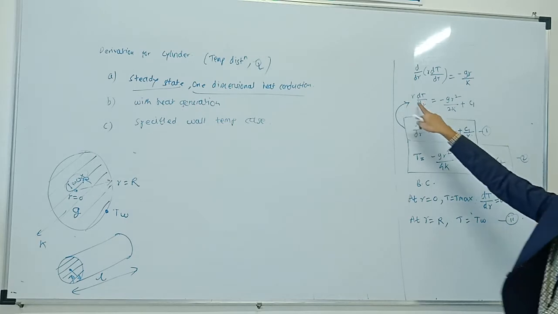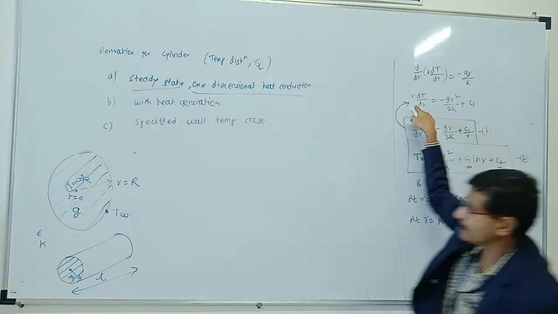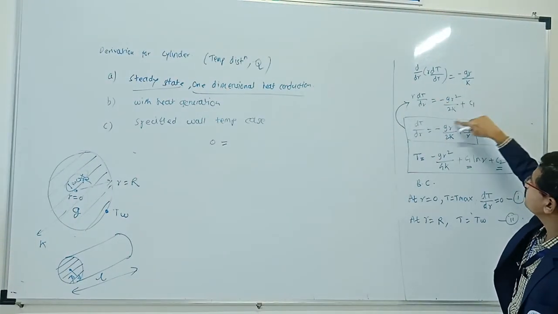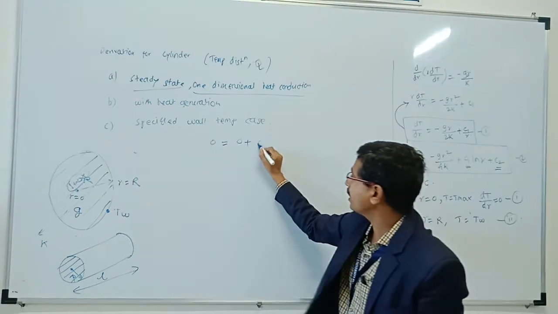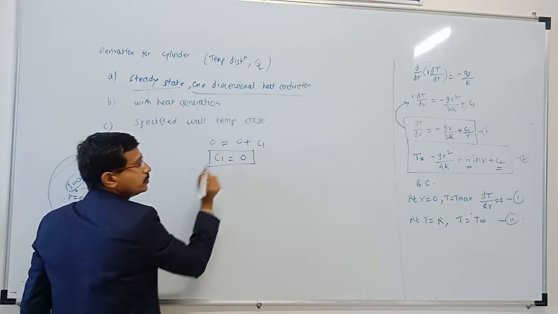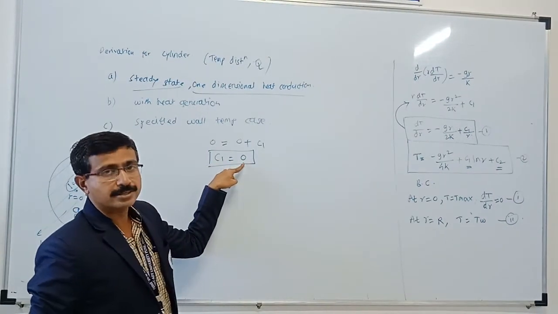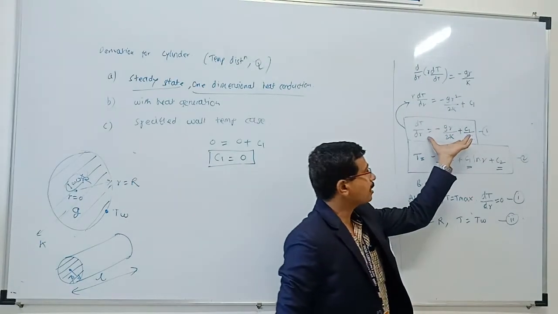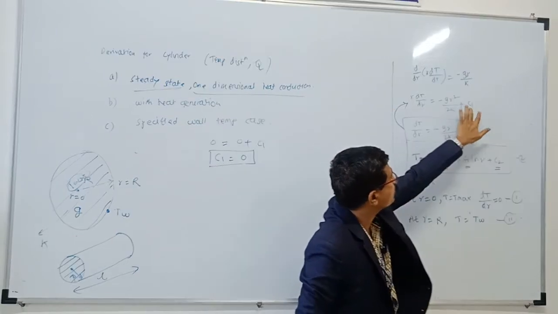At r is equal to 0, r की वैल्यू मैंने 0 पुट की तो anything multiplied by 0 लेफ्ट हैंड साइड 0 हो जाएगा. 0 is equal to r की वैल्यू 0 है तो ये भी टर्म 0 हो जाएगी. 0 and plus C1. तो मुझे लगता है this is the best equation to determine C1 is equal to 0 आपको मिल गया. It is not an indeterminate quantity. It is C1 is 0. So यहाँ से नहीं मिल रहा था हमें because equation becomes indeterminate. So I have used this expression to get the value of C1.